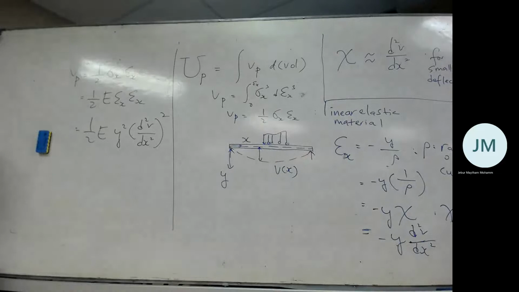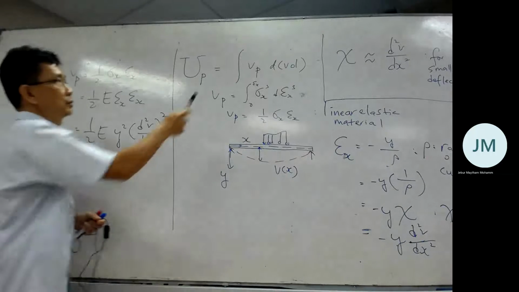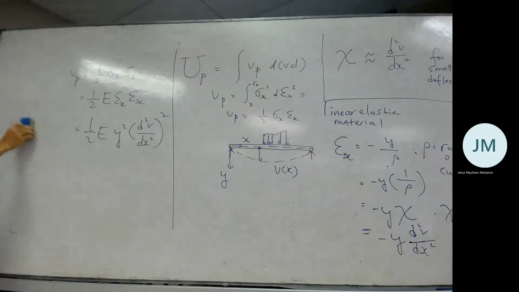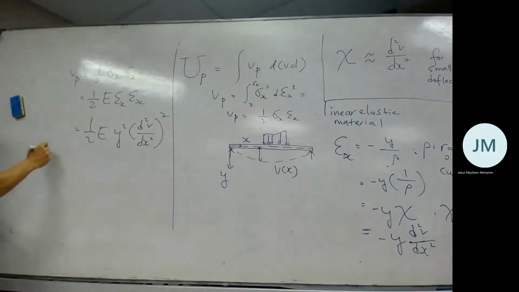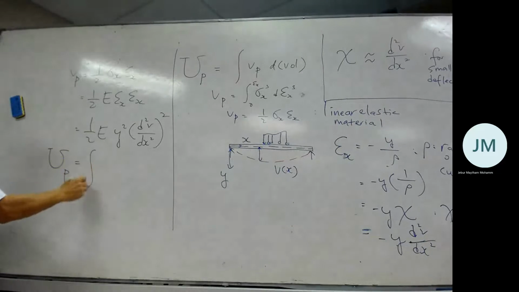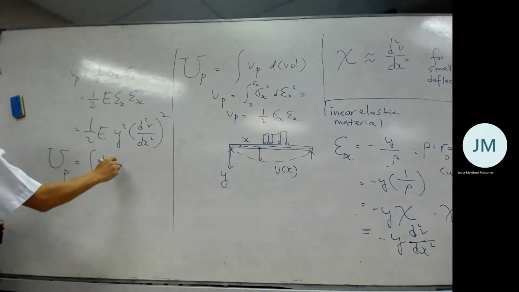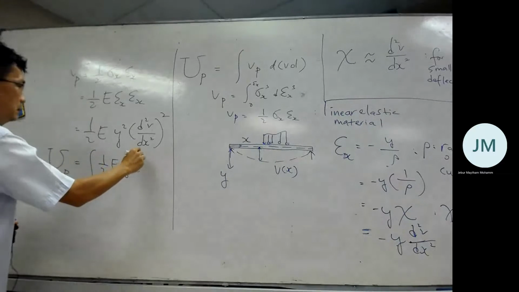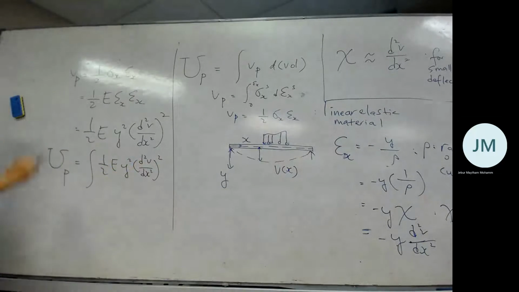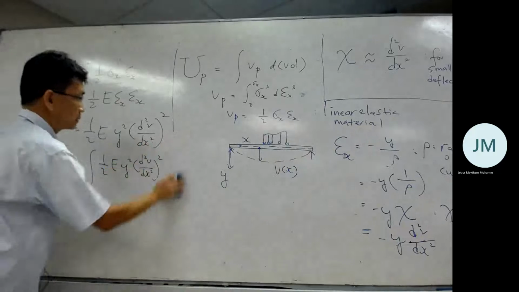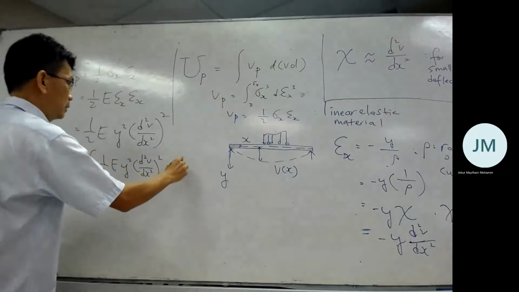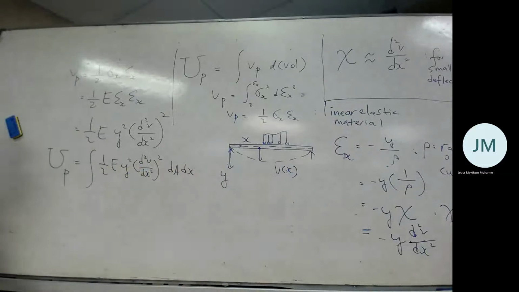Next, we have to integrate this. We substitute half E y square d2v dx2 square, and the d volume we have to change to dA dx.